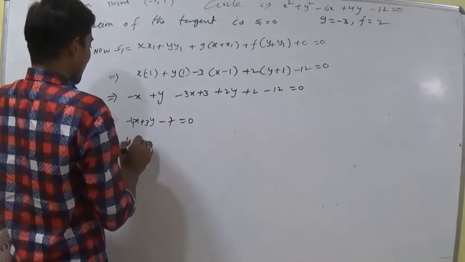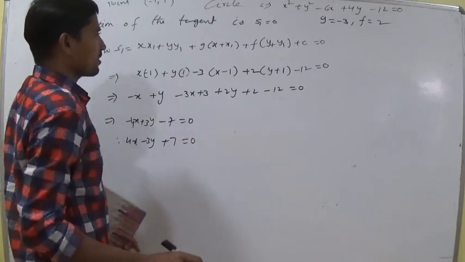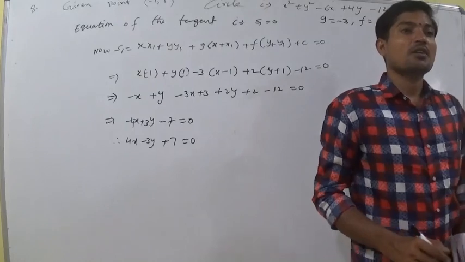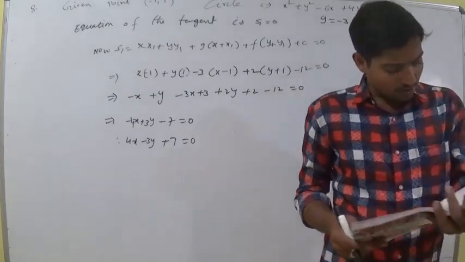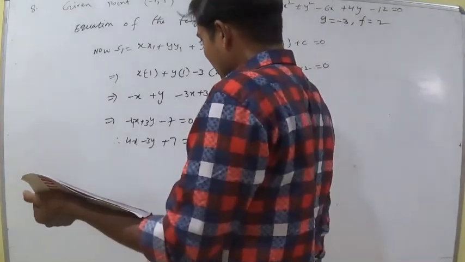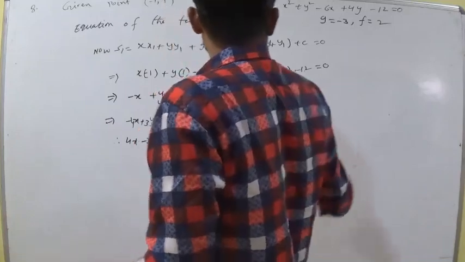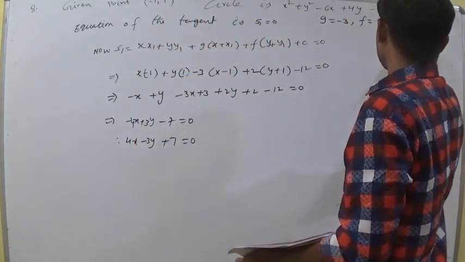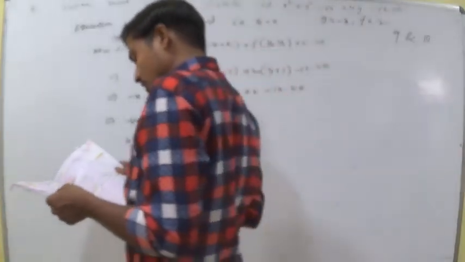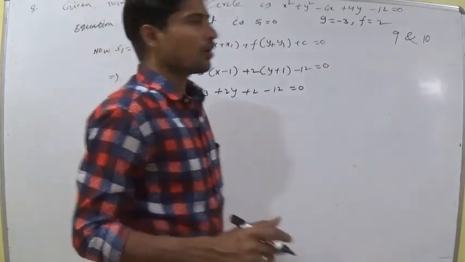Therefore 4x - 3y + 7 = 0 is the tangent equation of the circle at the given point, right? Next, the 9th and 10th are the same process. Do them as homework.